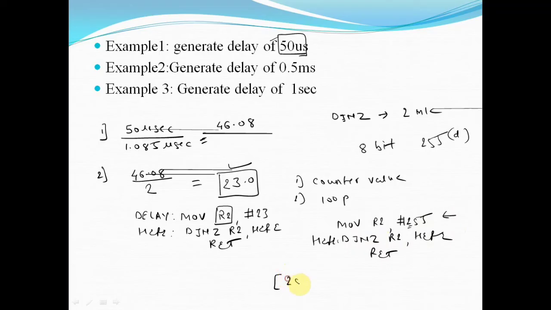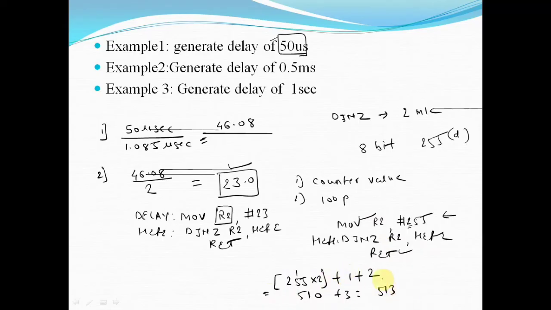So 255 into 2, plus 1 for this MOV and plus 2 for this return, because both these instructions are going to execute only one time. So 255 multiplied by 2 will give you 510, plus 3, that is 513.